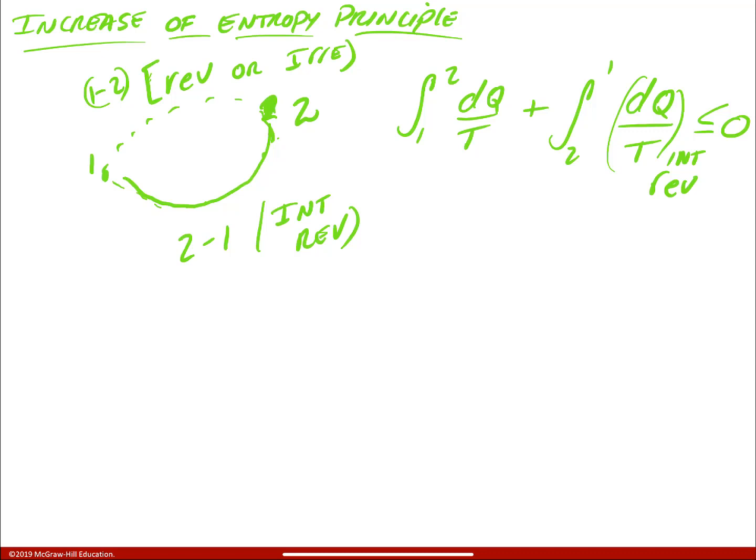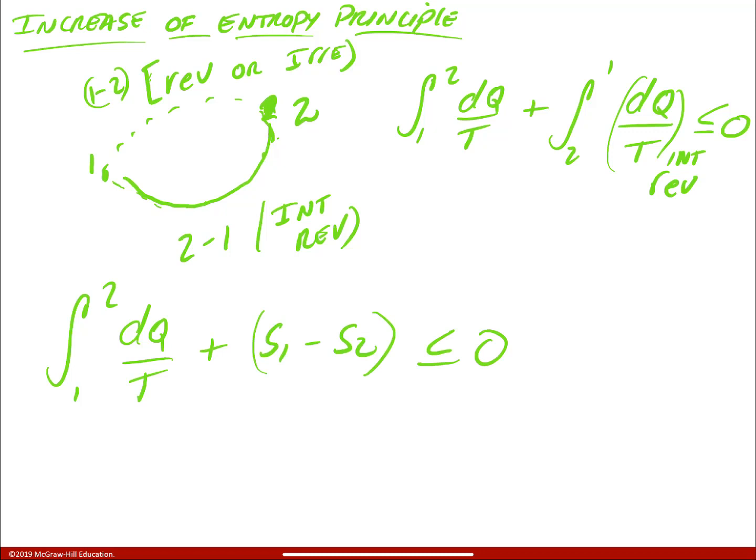The second integral in the previous relation is recognized as the entropy change. So I will have the integral from 1 to 2 of dQ over T plus the entropy change, and this is less than or equal to 0. The only thing I did in this relation was to take this definition and put it as my entropy change.